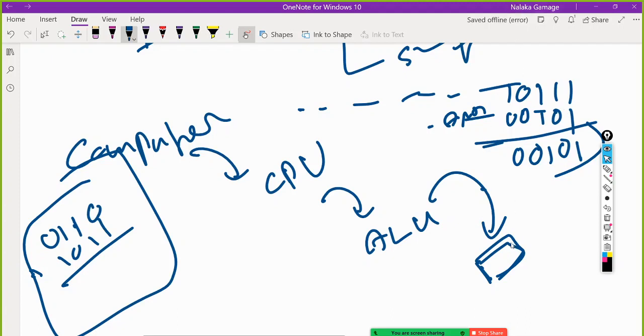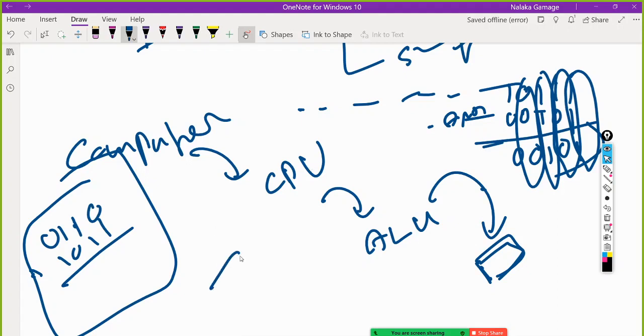Now my question is, which device inside your ALU is doing this: 1 and 1 is 1, 1 and 0 is 0, 1 and 1 is 1, 0 and 0 is 0? Which device is doing that? Is it the memory unit? No, memory is not going to do any processing. That is why I told you, in your studies also, don't rely on memory. You rely on understanding.